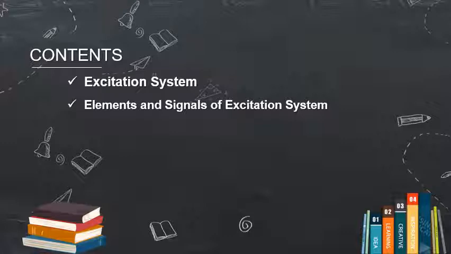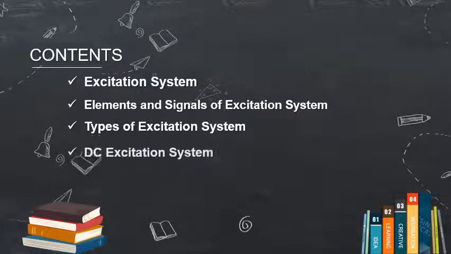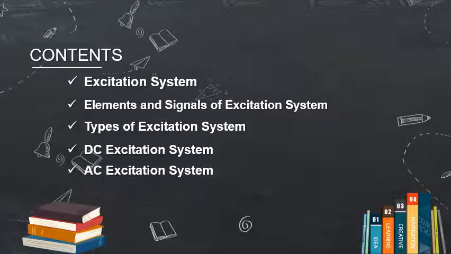After this, we will move on to the elements and signals of the excitation system. The next topic is the types of excitation system, like DC excitation system and AC excitation system, and finally the references of this presentation.